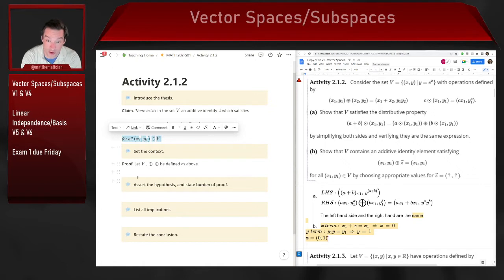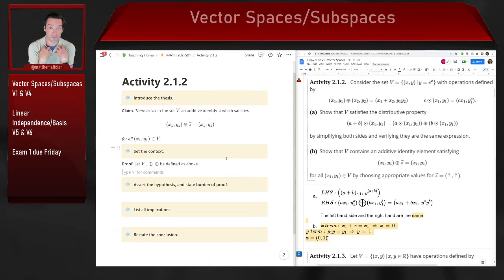It needs to be true for all x1, y1 in the vector space. And so anytime we have a for all assertion in the proof, that translates to an arbitrary choice. So a choice of x1, y1 that we don't get to make, but the universe is kind of making it for us. Some random fate is kind of selecting an x1, y1 for us.